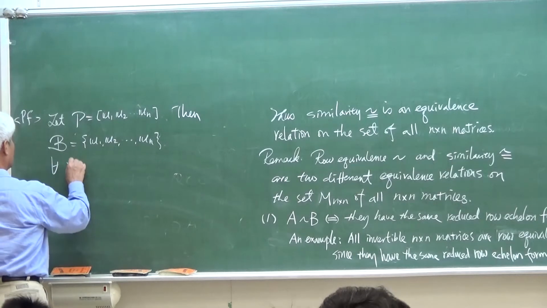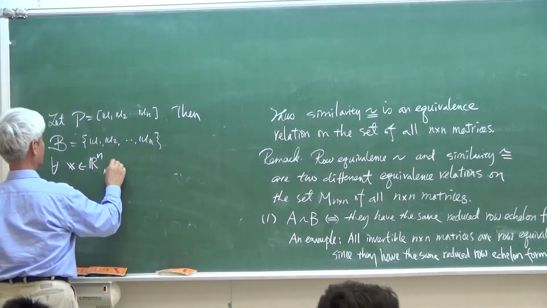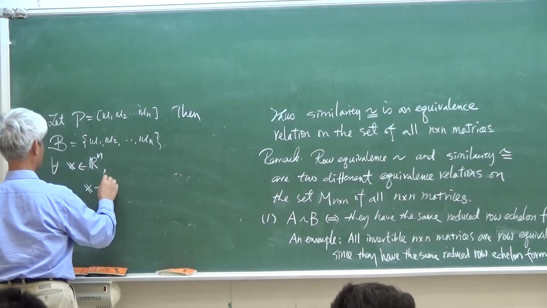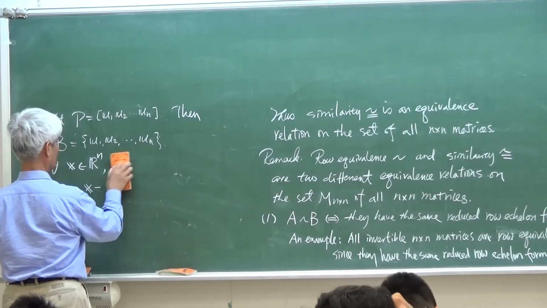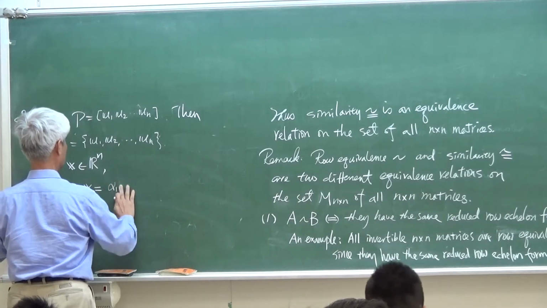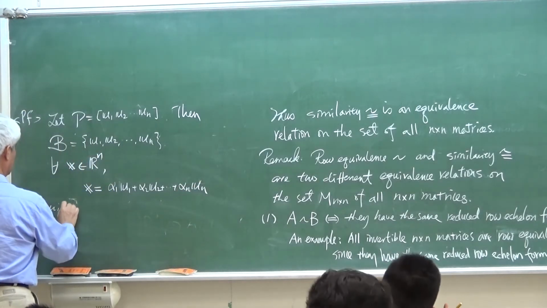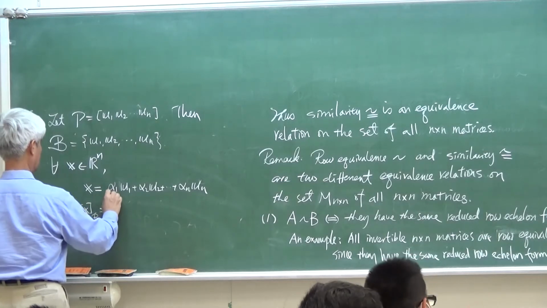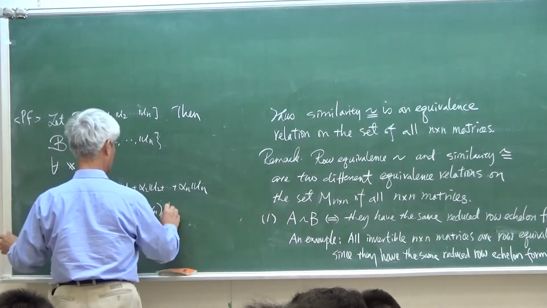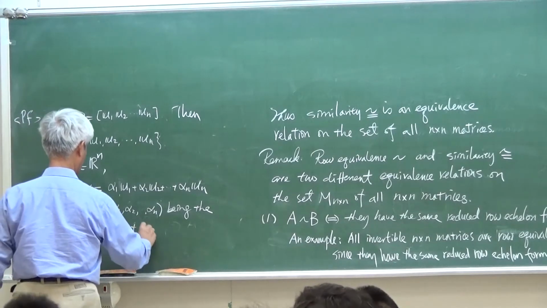And for all vectors X in V, X is equal to alpha 1 u1 plus alpha 2 u2 and so on. The vector of alphas is the coordinate vector, the P coordinate of X.